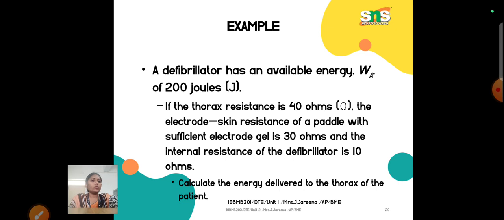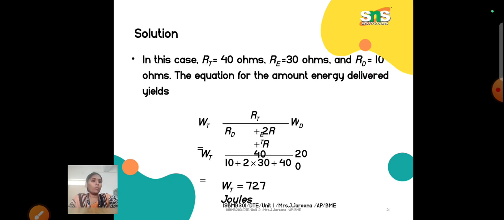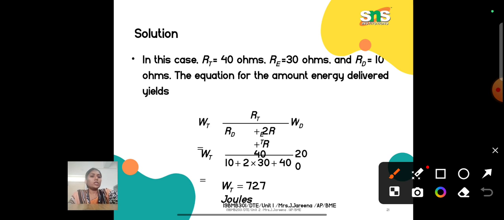When you substitute all these values in this formula, Wt is the energy delivered to the thorax part. Rt is the thoracic resistance, Re is the electrode resistance, Rd is the defibrillator resistance, and Wd is the setting value of the defibrillator energy.